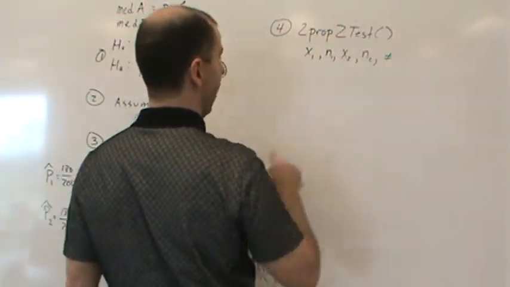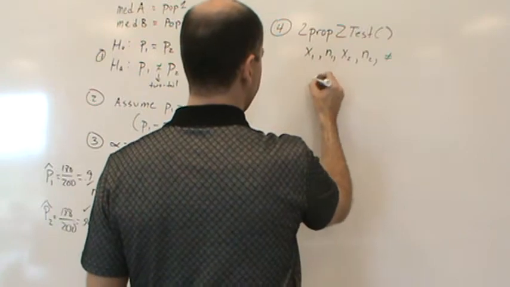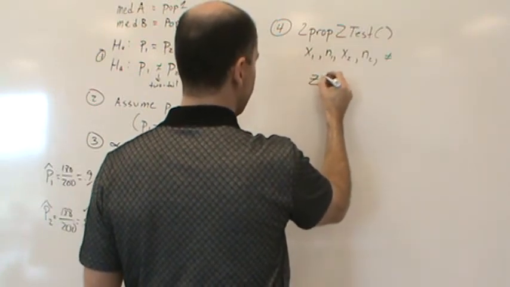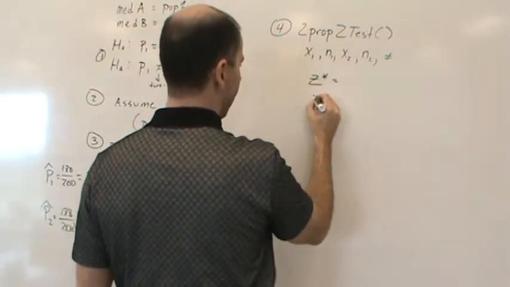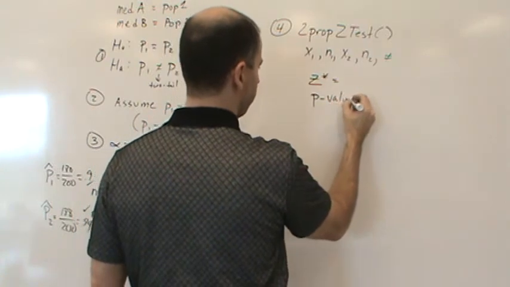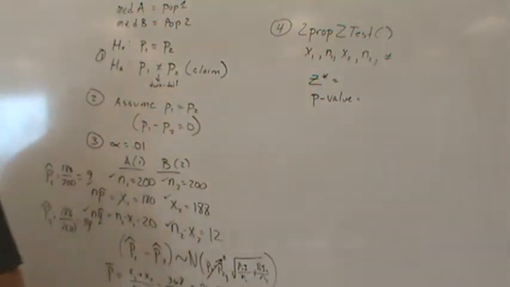Okay, so now let's get back to this. Once I put this information in, it's going to give me both my test statistic and my p-value. So let's see if I get the same answer. I go to tests. I'm going to go all the way down to number 6, which is 2 prop z-test.